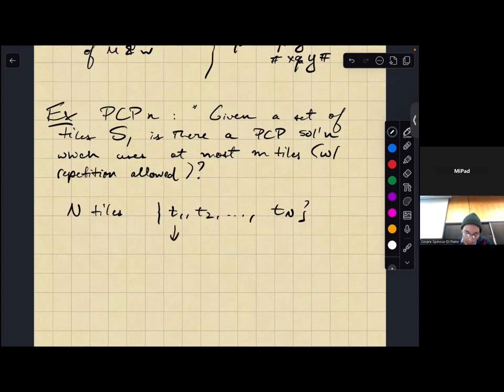And let's say N1 is the number of times you use tile 1, N2 is the number of times you use tile 2, up till N sub n, that's the number of times you use tile n. Then what PCPm is saying is that the sum of this is at most m. Now that's what this is saying. Okay, all right, now let's start the timer.